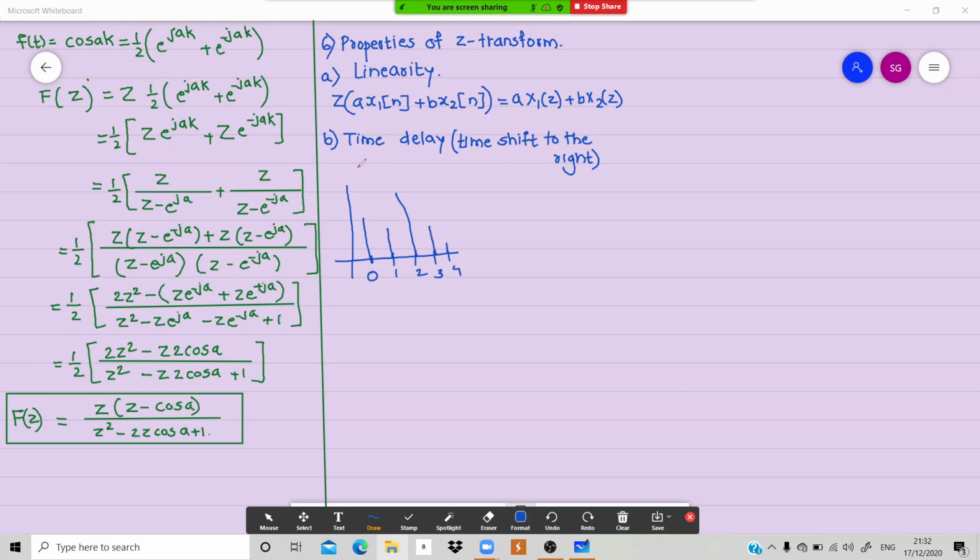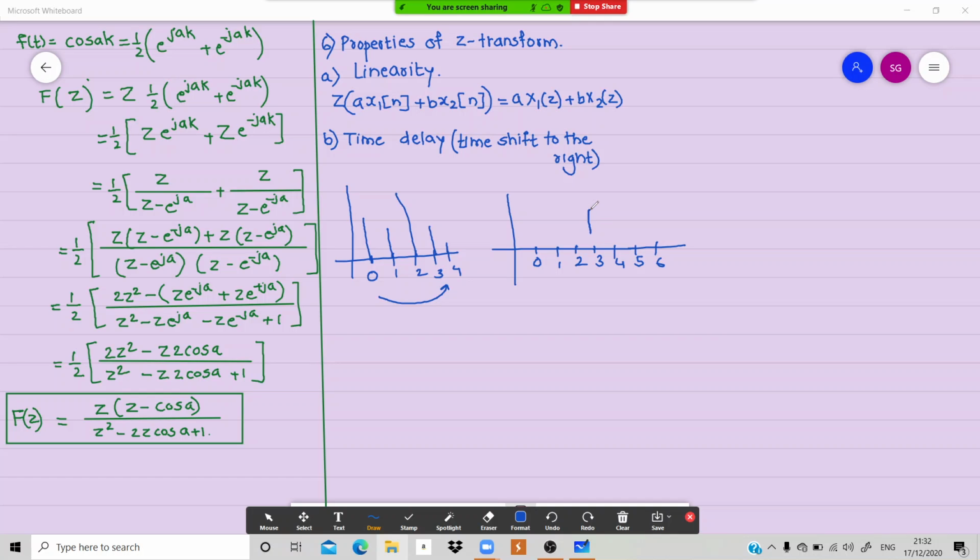That means introducing delay in the system, right, after some time. So let us say after 3 instances, now you are shifting your signal. That means how it will look like: 0, 1, 2, 3, 4, 5, 6, right? So 0, 1, 2. Now this 0 signal will come over here.